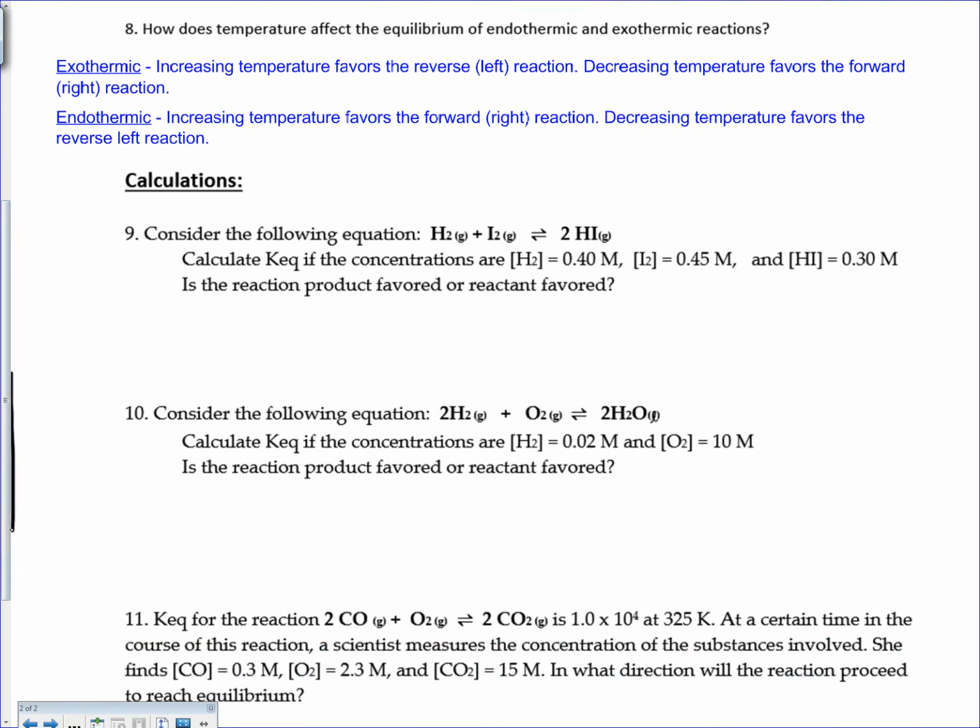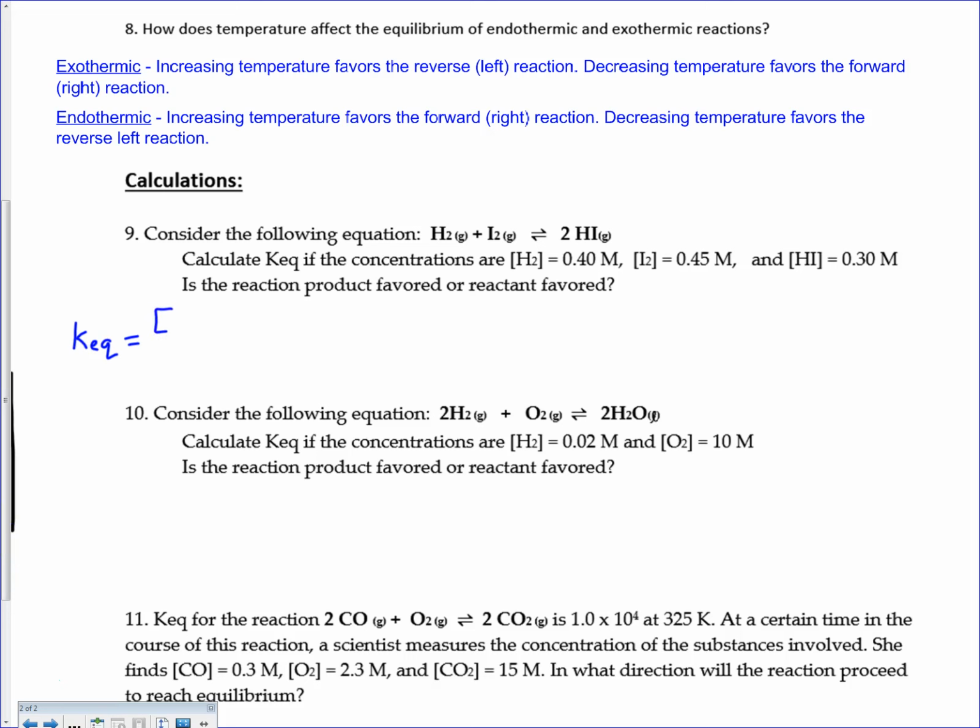And now for the calculations on this. So this first question here, it's asking about KEQ. Remember, KEQ is when we're at equilibrium, so what we're trying to do is find at equilibrium what the ratio between the products and the reactants are. So we just have to write the equilibrium expression, KEQ. Products over reactants, the coefficients become exponents.